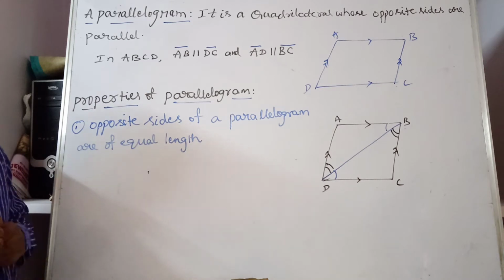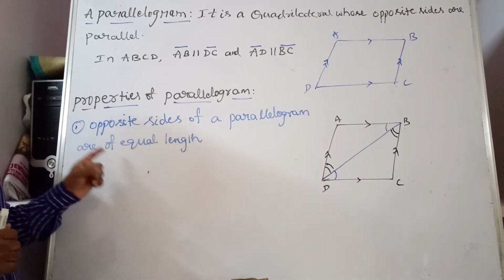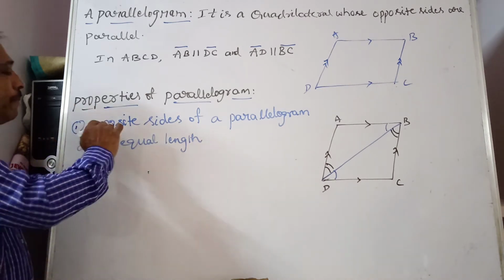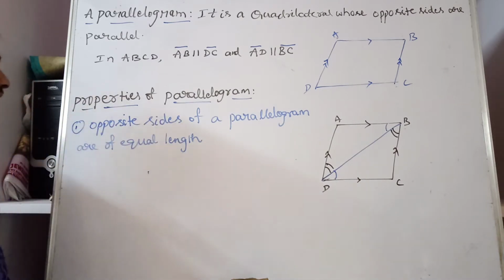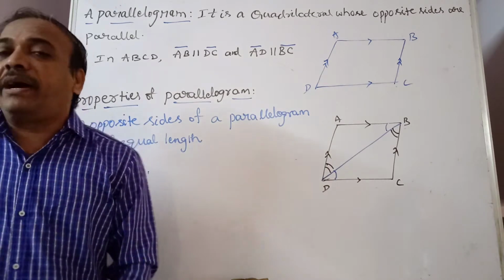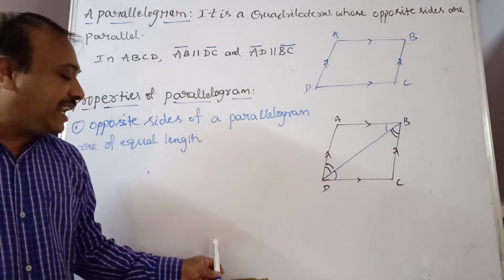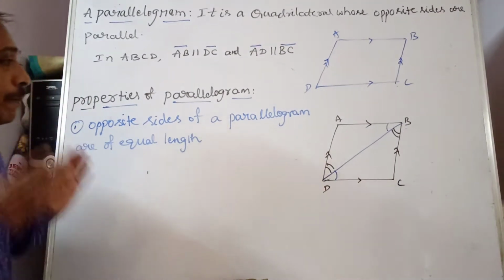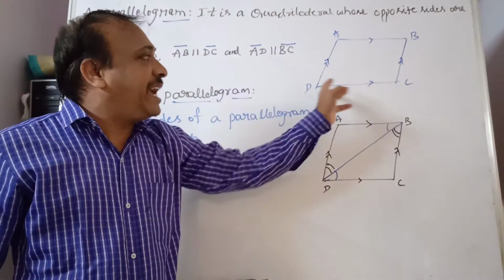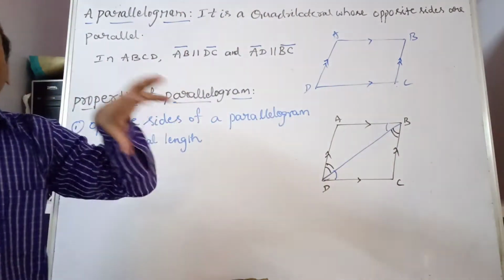The first property of a parallelogram: opposite sides of a parallelogram are of equal length. What is the meaning of that? Opposite sides AB and DC are equal in length.